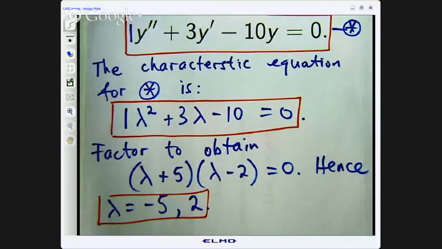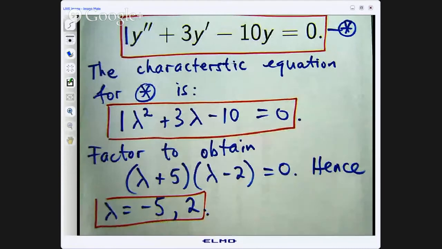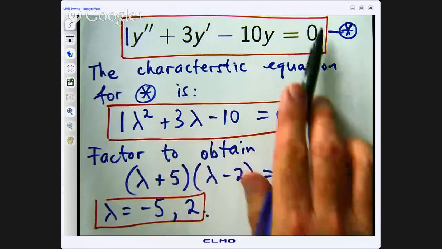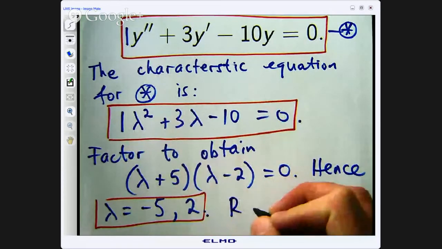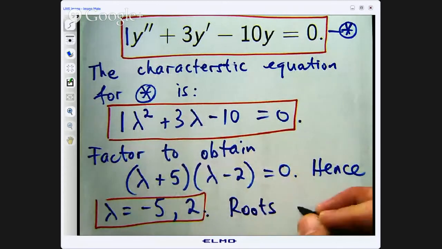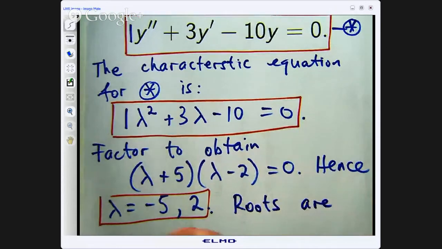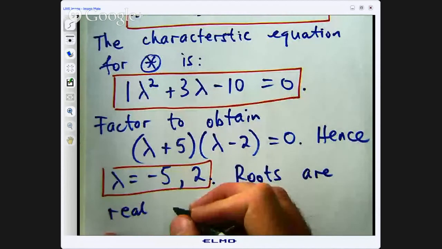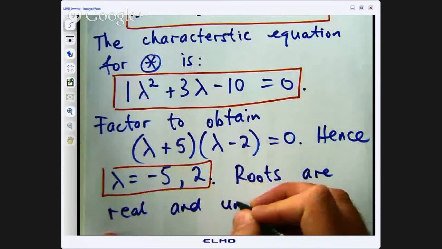The first thing we recognize is that we've got two real numbers and they're not equal. This is important because it maps out the type of solution to this original DE. So our roots, or our solutions to the quadratic, are both real numbers and unequal.